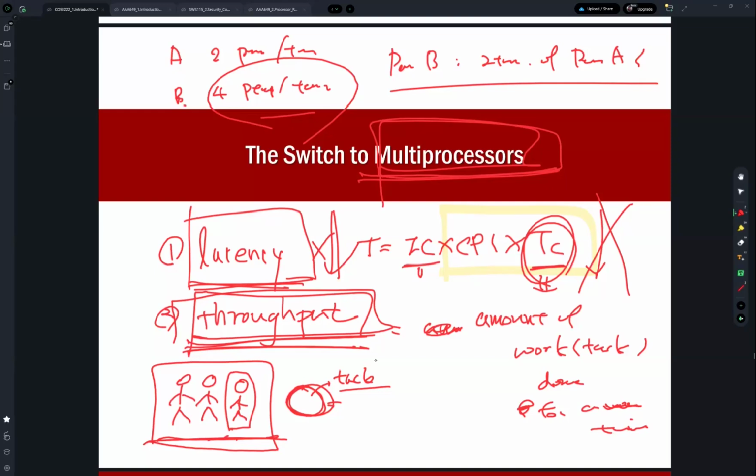That's one problem: it depends on the property of the task. Another problem is overhead, like communication overhead or scheduling overhead. Even though the task can be split into n parts, we need to communicate with each other to complete the whole task. Actually, it's not easy.